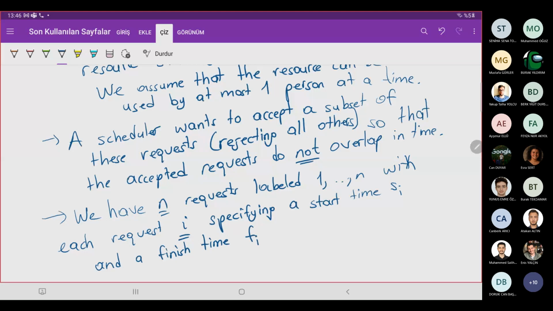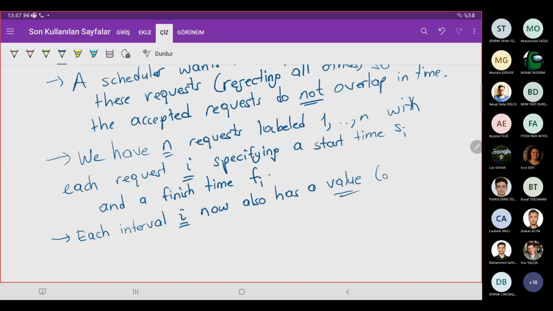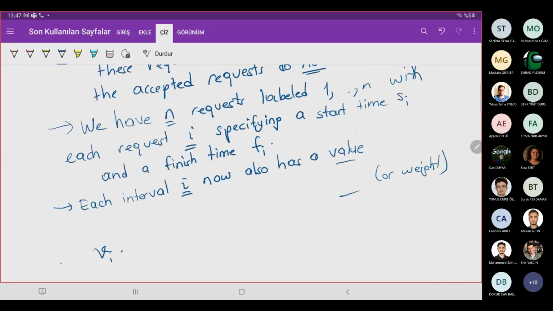Each interval I now also has a value, or weight, VI. So some requests are more important than others, let's say.